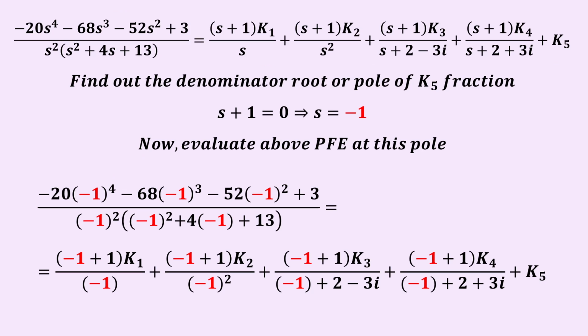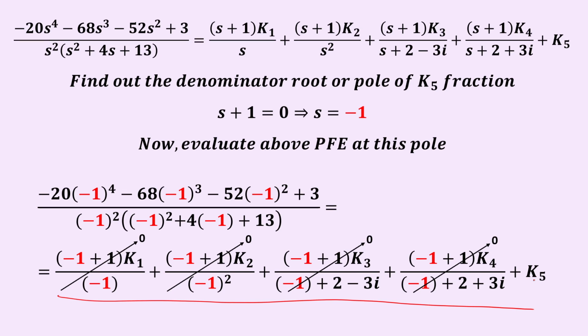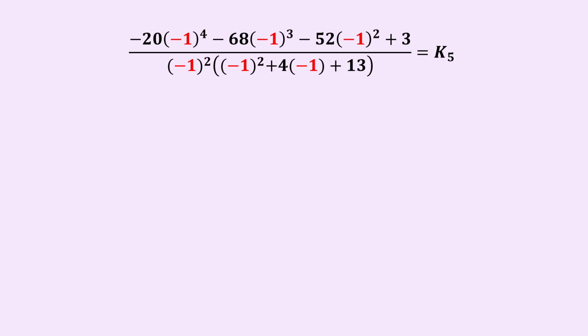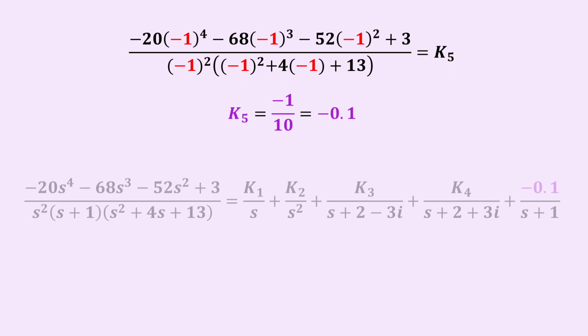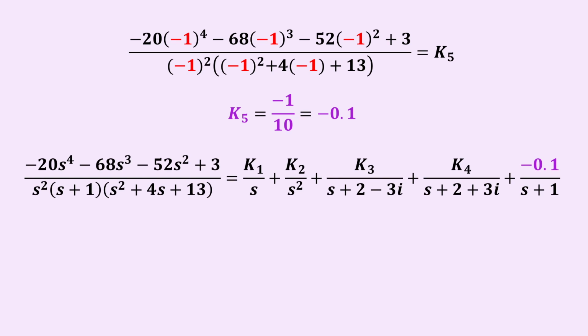On the right hand side, you will observe that all residues become 0 except k5. We have got a more simplified form of this equation, and we will manipulate it to get the value of k5, which is -0.1. So now the partial fraction expansion has become like this, in which we have put the value of k5.